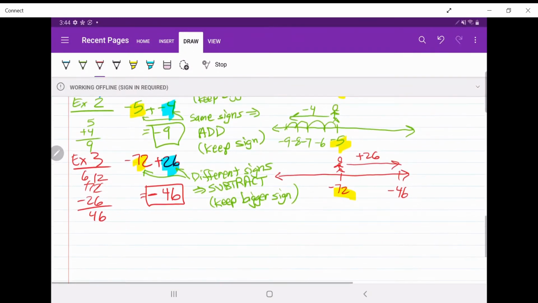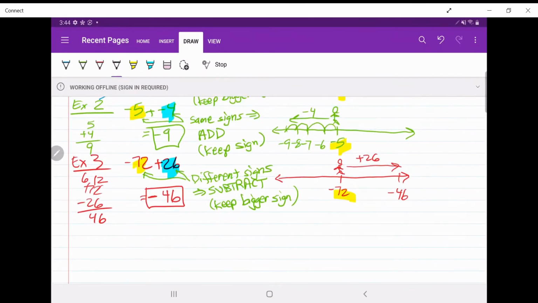And then in our last example, we want to write down 22 plus 48. They have the same sign. So if they have the same signs, we need to add them and keep the sign. So let's draw that number line again.